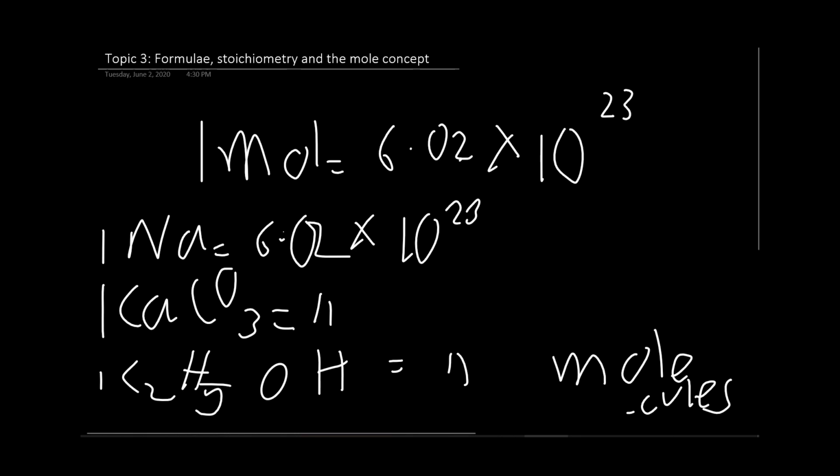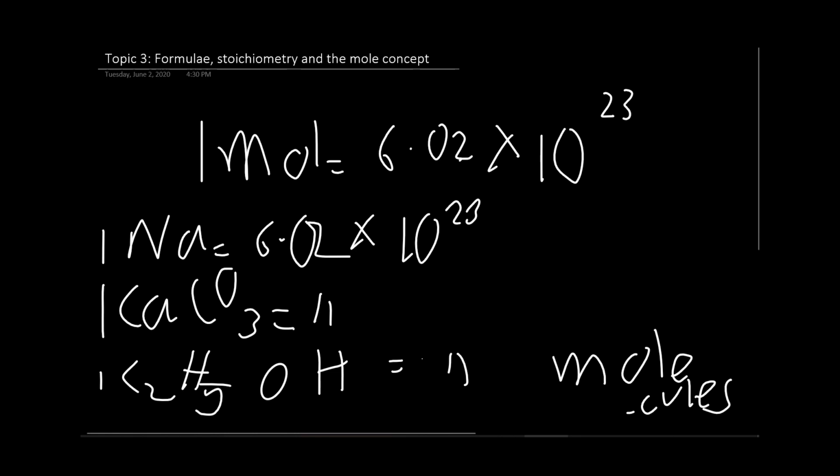So basically what I'm trying to imply is 1 mole of any substance will be having an amount of 6.02 into 10 to the power 23 number of particles in it. Now, if you've got an element, it'll be 6.02 into 10 to the power 23 atoms. If you've got a compound, or a molecule, a covalent compound, it'll be 6.02 into 10 to the power 23 molecules of that covalent compound, right?